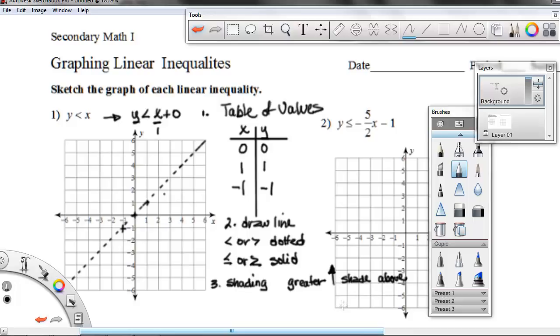If it's less than, it points downward, and we shade below the line.